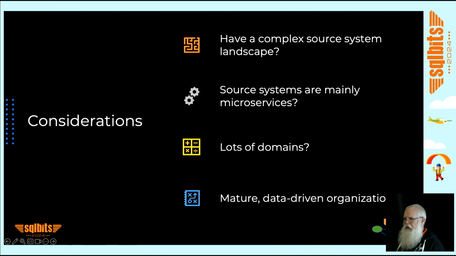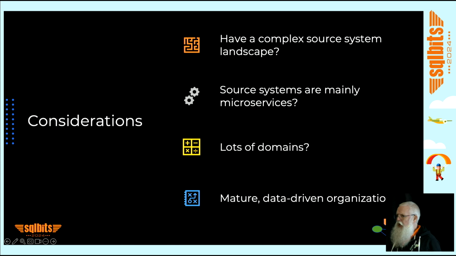So what do you need to think about? Well, do you have a complex source system landscape? Are you doing just microservices? Then data mesh might be a good idea. Do you have lots of clearly defined domains in your business, or are there typically 3 or 4? So if you have many very well-defined domains, again, data mesh might be a good idea. If you don't, it will probably cost too much.